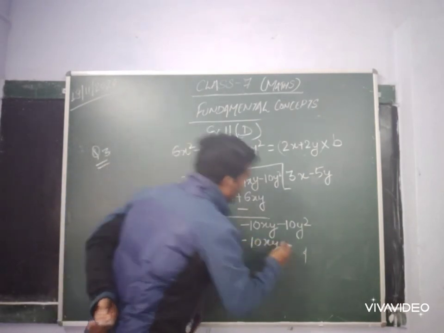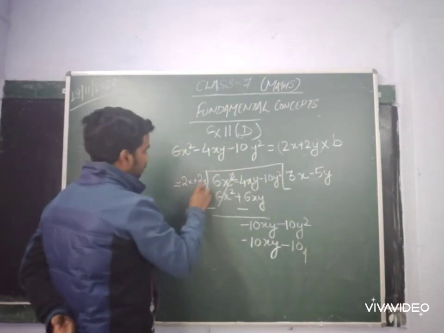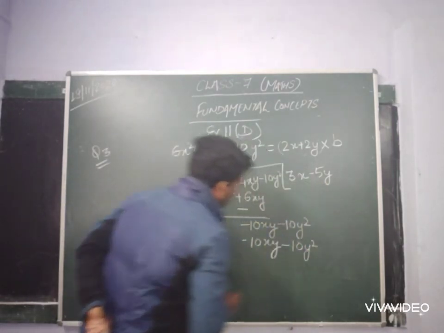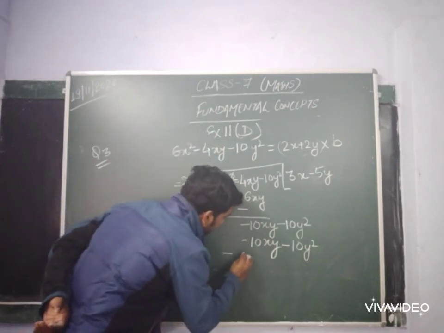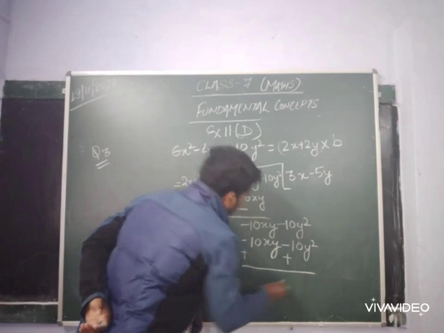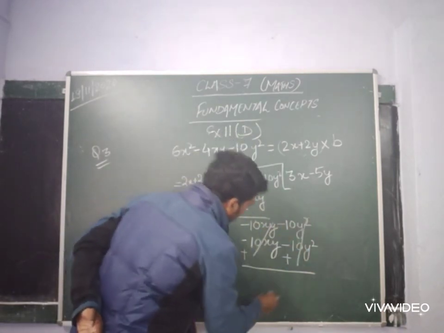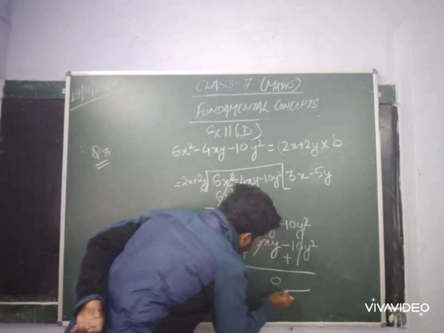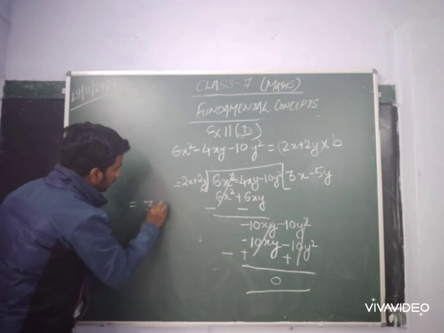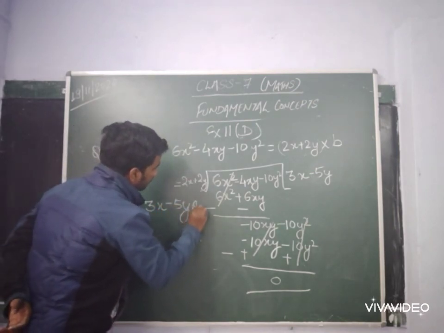We will get minus 10, then y multiply with y, we will get y square. Okay, and when we subtract, the sign will be changed. So this will be cancelled and this also will be cancelled. So your remainder is 0 and your answer is 3x minus 5y. Your final answer.